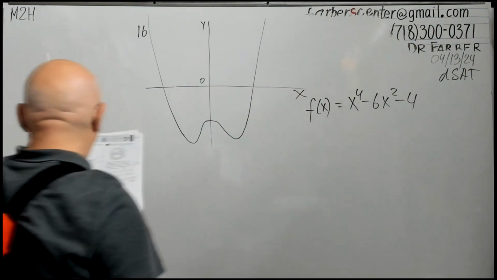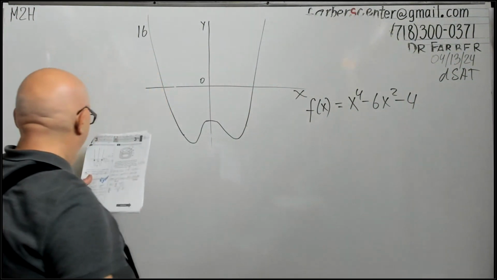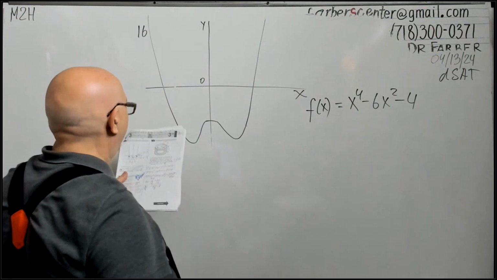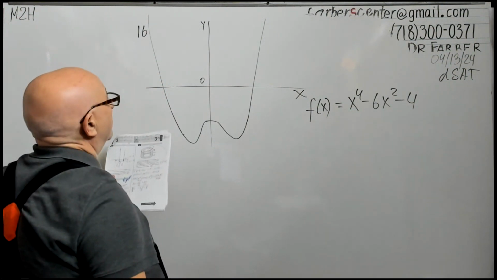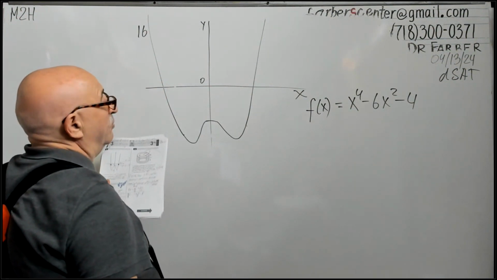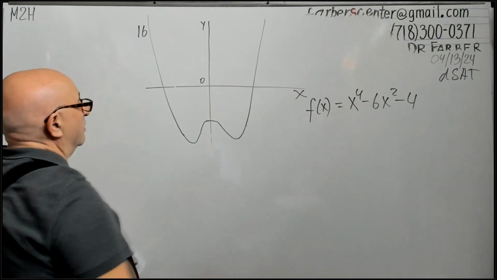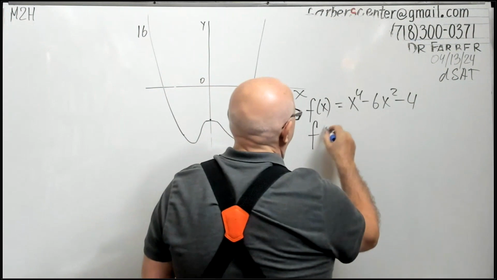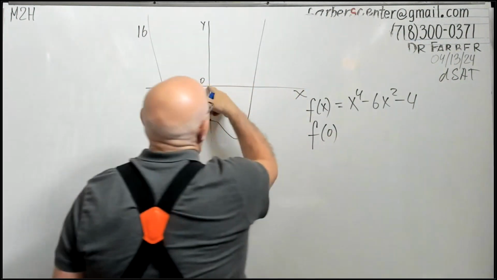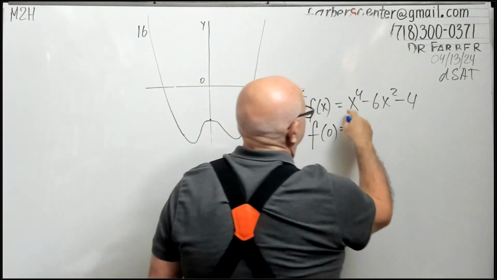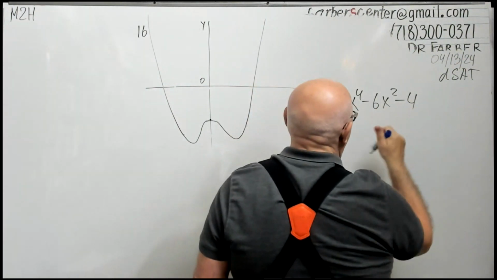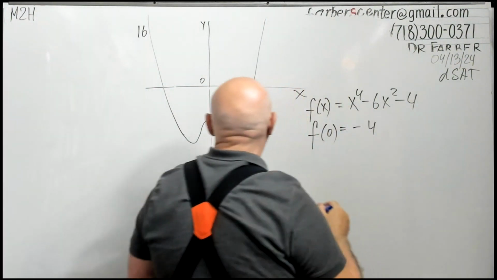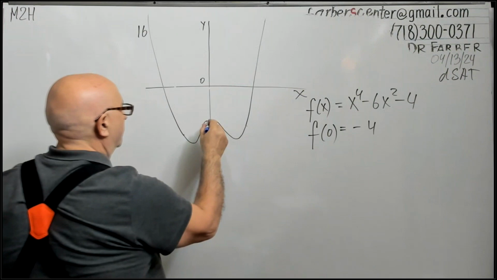If y is -3, you have to know the point of intersection. For instance, I want to find this point: f of 0, when x equals 0, is 0 minus 0 minus 4, which is -4. So this point equals -4.